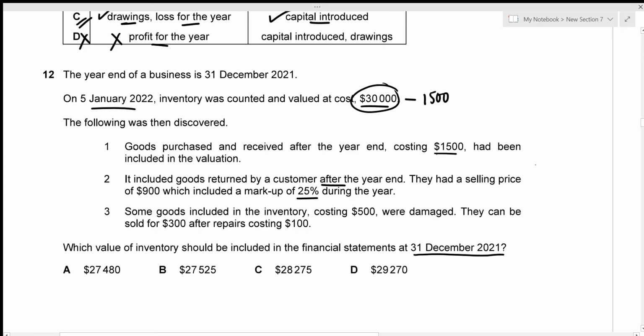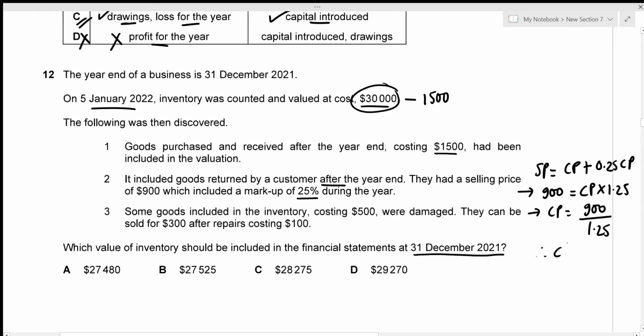All right, that's just going to be sales value equals cost price plus markup of cost price. So that's 0.25 cost price. We know the sales value to be 900. And if we take the cost price common, that's going to be 1.25. So the cost price is just going to be 900 divided by 1.25, which gives the value for cost price at 720.